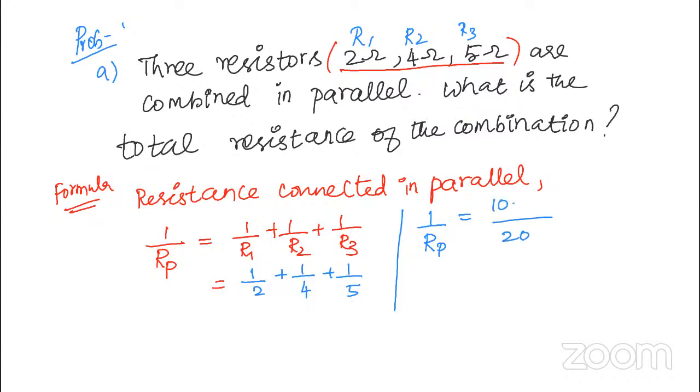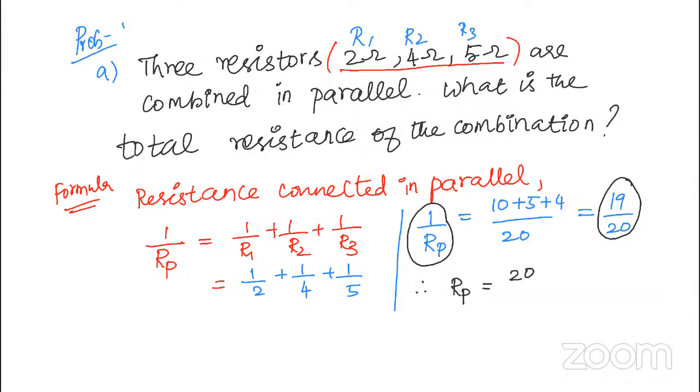So here 10 plus 5 plus 4, which is equal to 19 by 20. We need the resistance value for the parallel combination, so we just reverse the value. So it is 20 by 19. This is the resistance value in parallel combination.